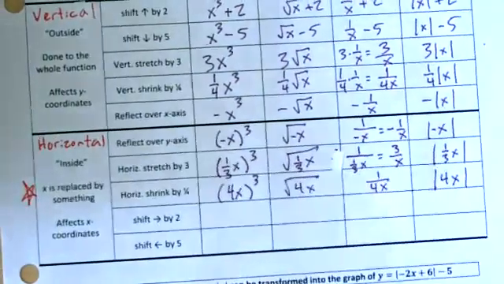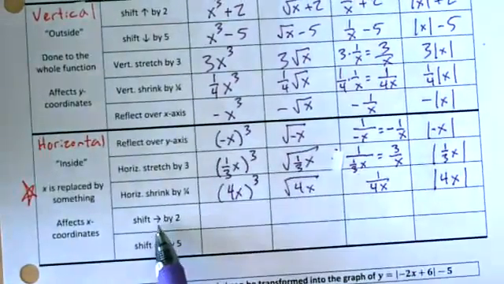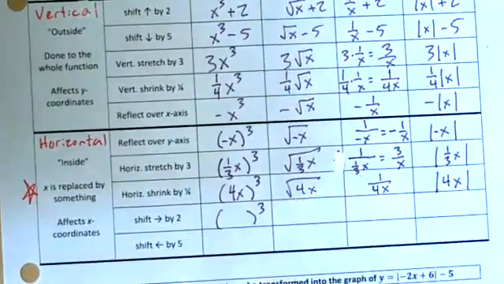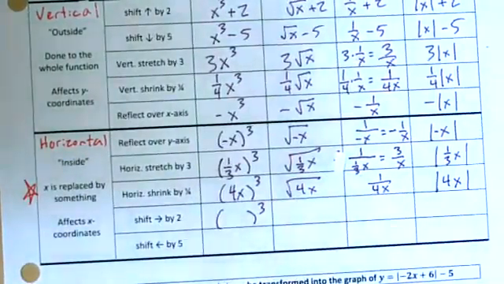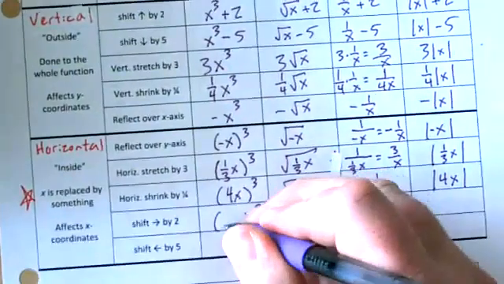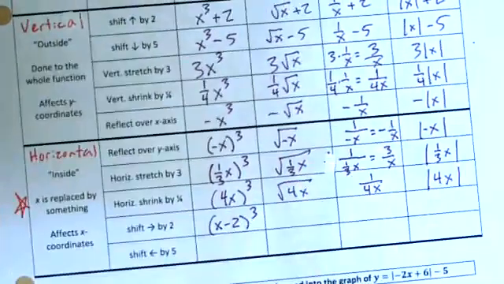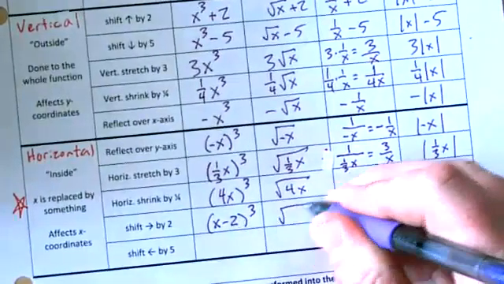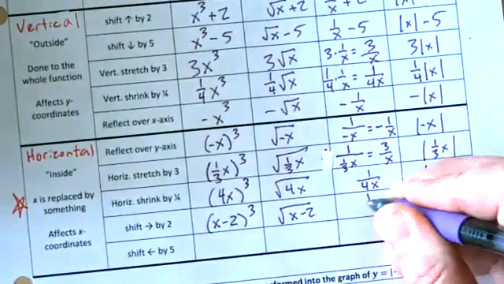All right, horizontal shift. So this is backwards also. If we're going to go to the right by 2, when I pull out my x, what am I going to do to that x? To go to the right, we're going to subtract. So x minus 2 is what's going to go back in place of the x.